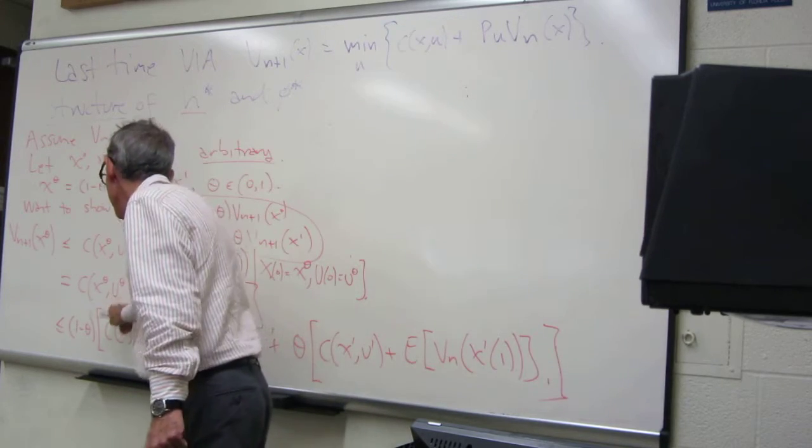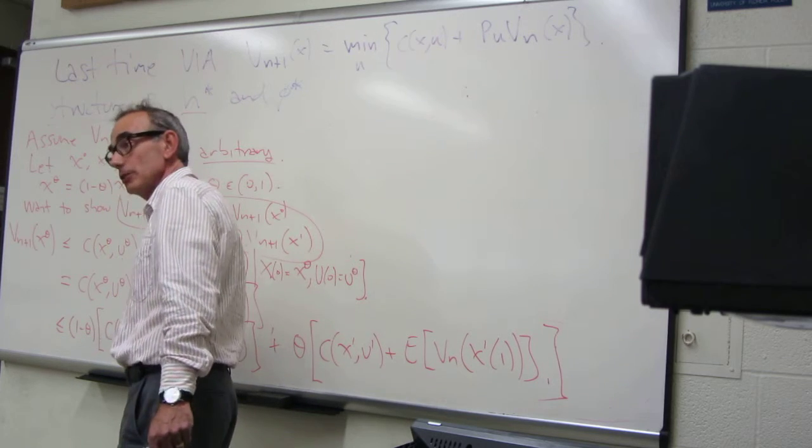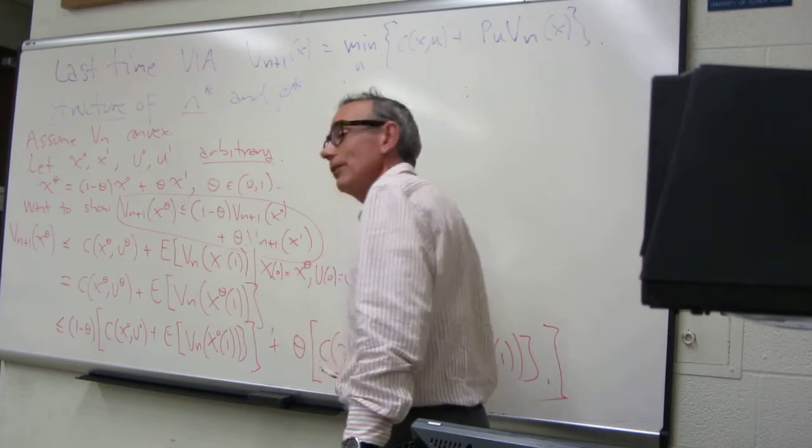C was convex, so C of x theta u theta is less than or equal to 1 minus theta times C of x0 u0 plus theta times C of x1 u1.